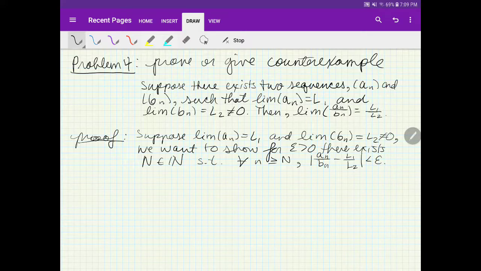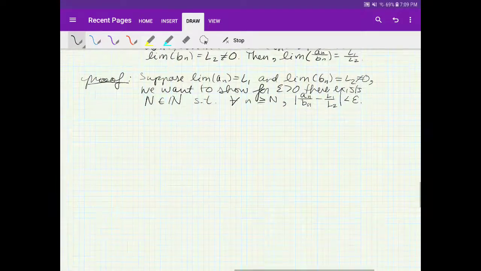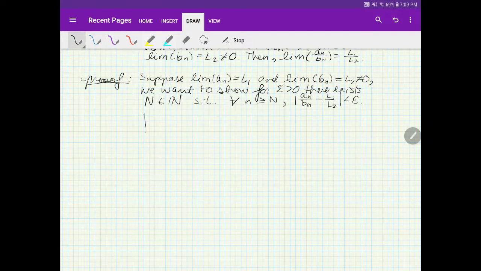So let's do a little bit of algebra to try to get this absolute value into something we can use. So we have a sub n over b sub n minus L1 over L2, and we can add 0 to this. So let's subtract L1 over b sub n and add L1 over b sub n, and then that's minus L1 over L2.